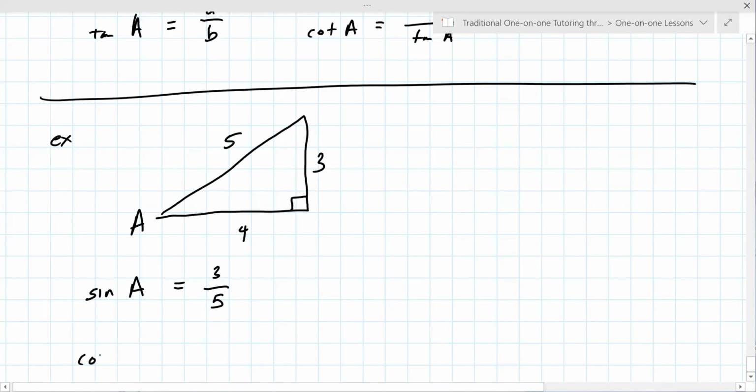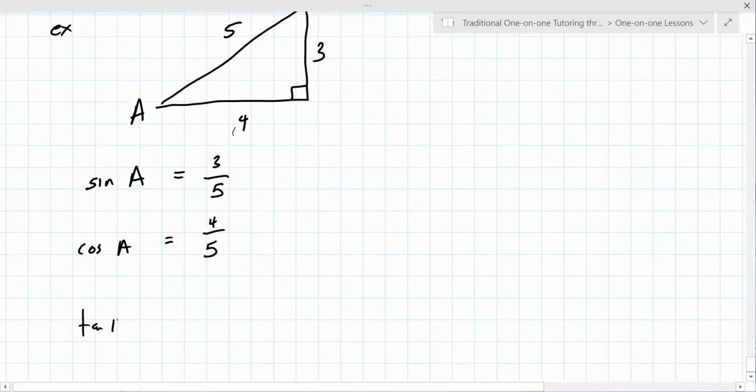The cosine of A is the adjacent side over the hypotenuse, 4 over 5. The tangent of A is the opposite over the adjacent, so it's 3 over 4.